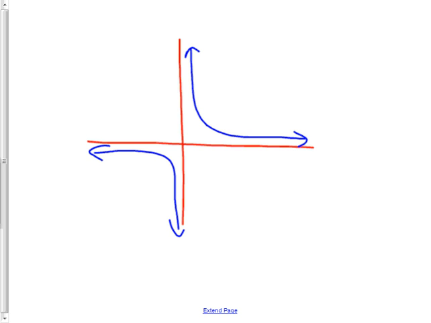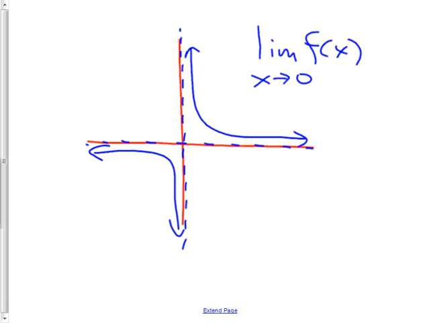Okay, the inside limits are the limit of the function as x approaches its vertical asymptote. Instead of going way to the right or way to the left, we're going to go towards the middle. Okay, so now its vertical asymptote is at x equals 0, right? So it's x approaching 0.